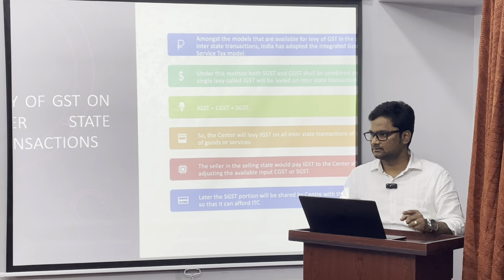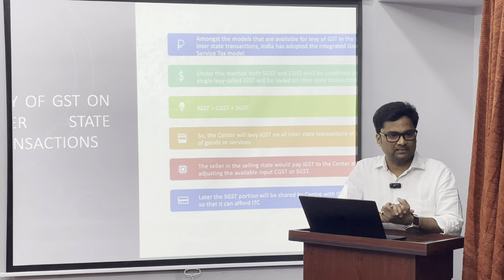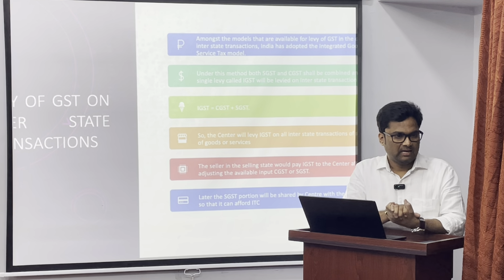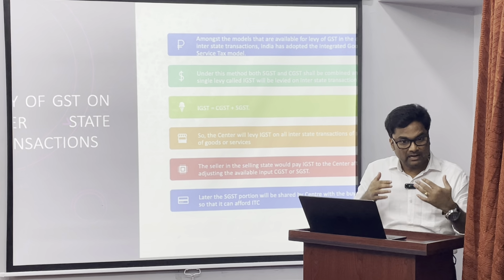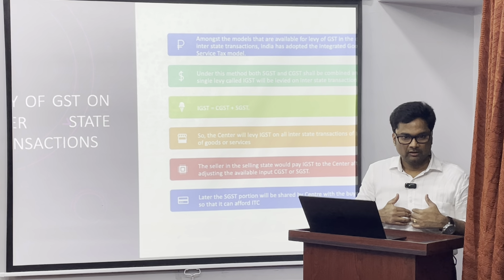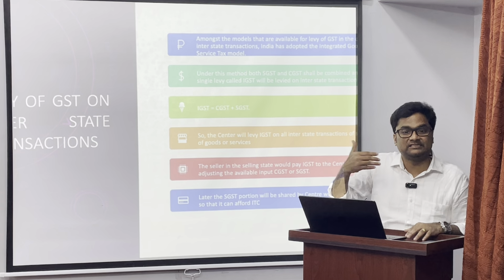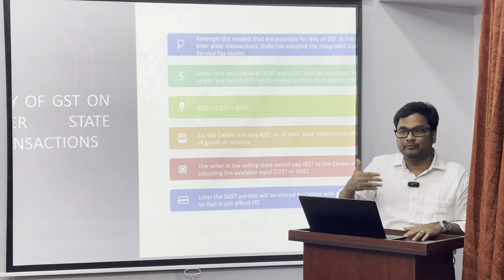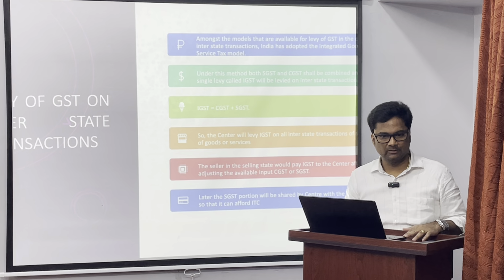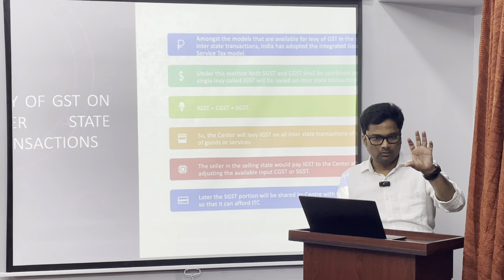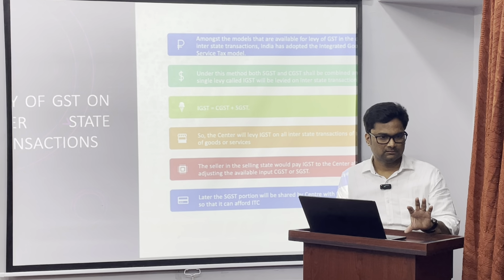Similarly, vice versa. But IGST has a peculiar feature. IGST input tax credit can be used for payment of my output SGST, output CGST, output IGST. You got the point? Input SGST, only output SGST.